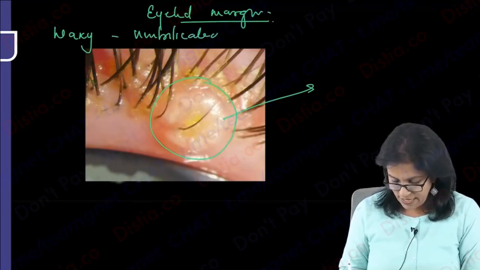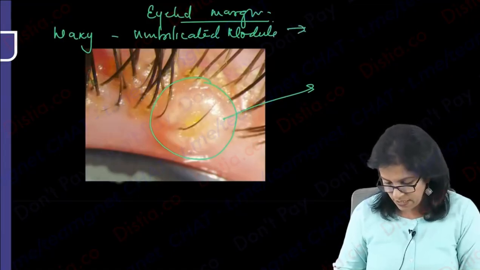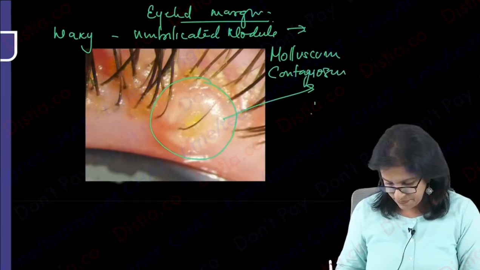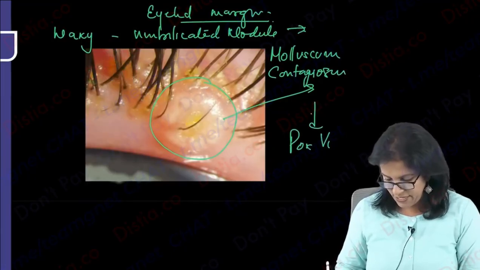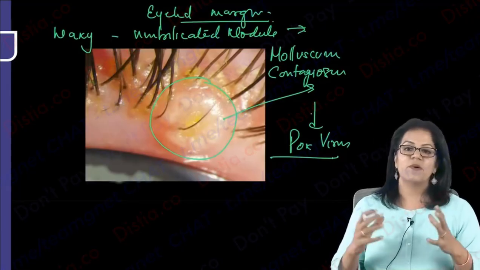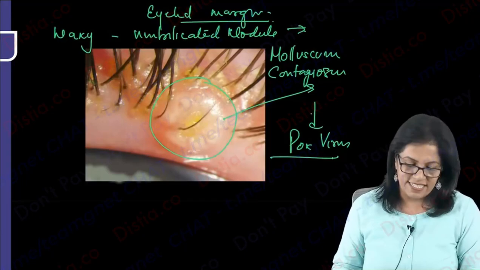Write down, this is a viral infection by pox virus. We call it molluscum contagiosum. You may need to excise it. These are the only points I would like you all to remember, nothing more. Okay? So that was about viral conjunctivitis. Our next heading would be allergic conjunctivitis.